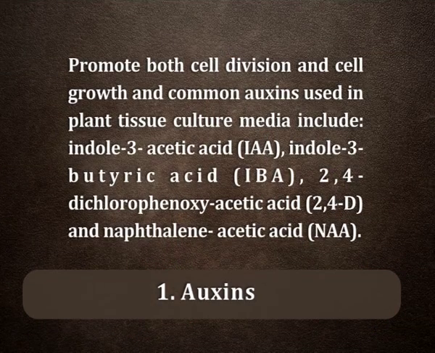Auxins promote both cell division and cell growth, and common auxins used in plant tissue culture media include indole 3-acetic acid or IAA, indole 3-butyric acid or IBA, 2,4-dichlorophenoxyacetic acid or 2,4-D, and naphthalene acetic acid or NAA.